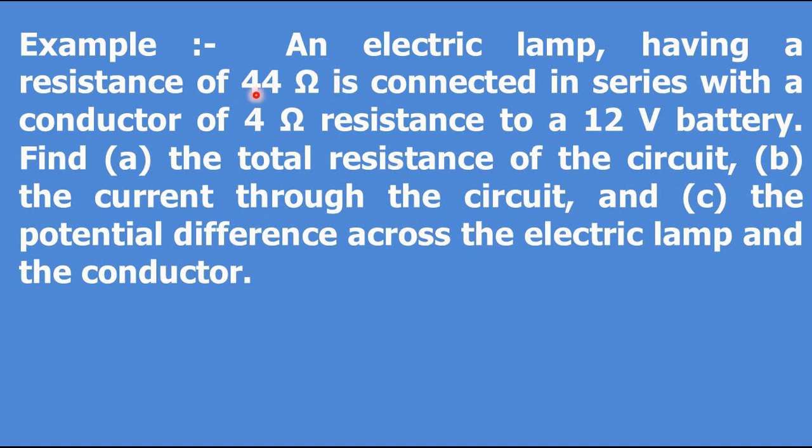Here in this example, an electric lamp having a resistance of 44 ohms is connected in series with a conductor of 4 ohms resistance to a 12 volt battery. Find A, the total resistance of the circuit, B, the current through the circuit, and C, the potential difference across the electric lamp and the conductor.